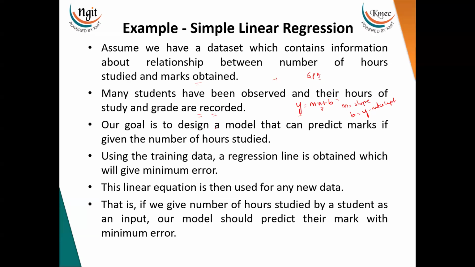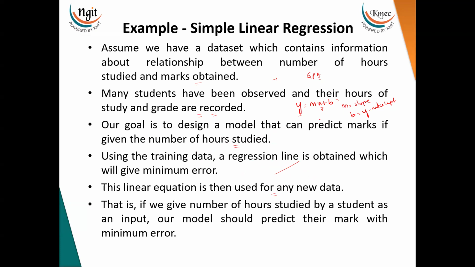Now, our goal is to design a model that can predict marks for a given number of hours studied. Using the training data, a regression line is obtained which will give minimum error. This linear equation is then used for any new data. If I ask, a particular student has studied for 7 hours in a week, what is the GPA?